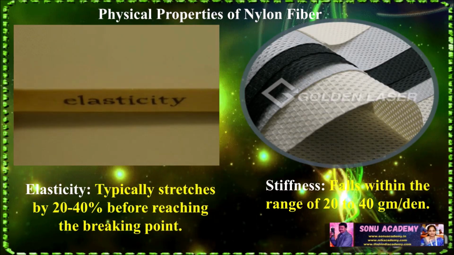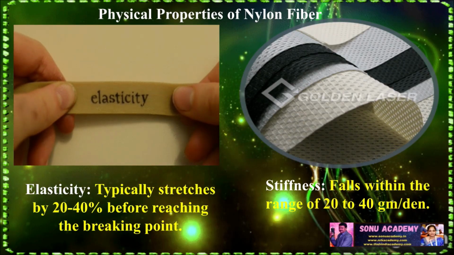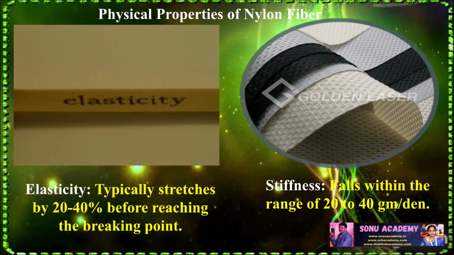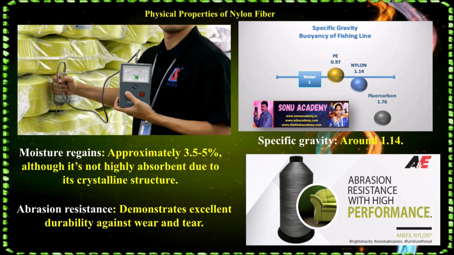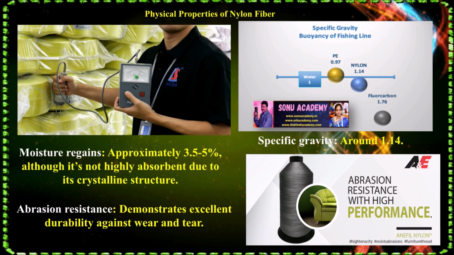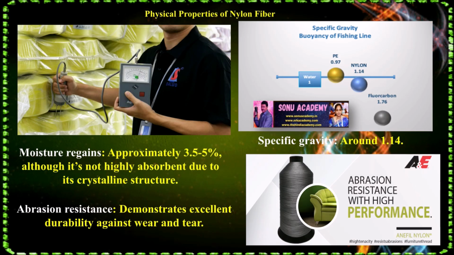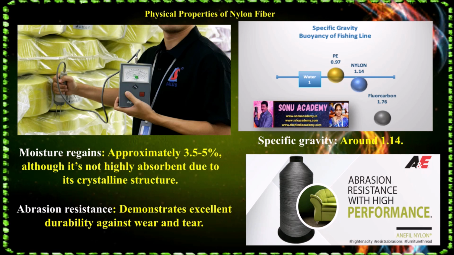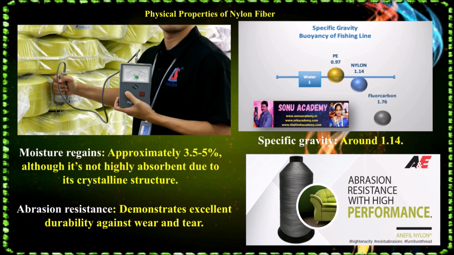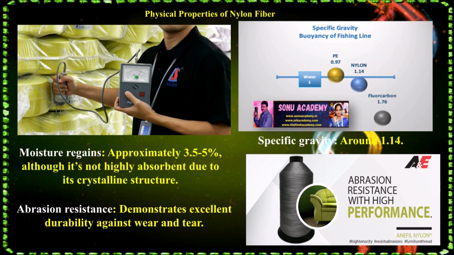Stiffness of nylon fiber falls within the range of 20 to 40, and moisture regain remains approximately 3.5 to 5%, although it is not highly absorbent due to its crystalline structure. Specific gravity is around 1.14. Abrasion resistance demonstrates excellent durability against wear and tear.